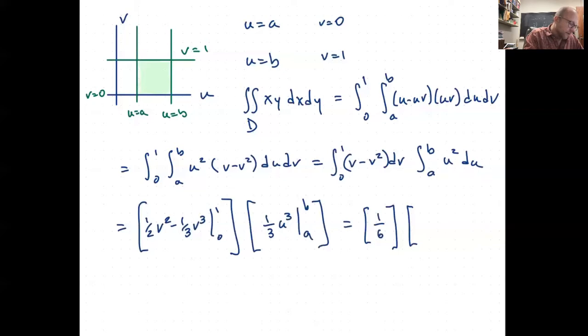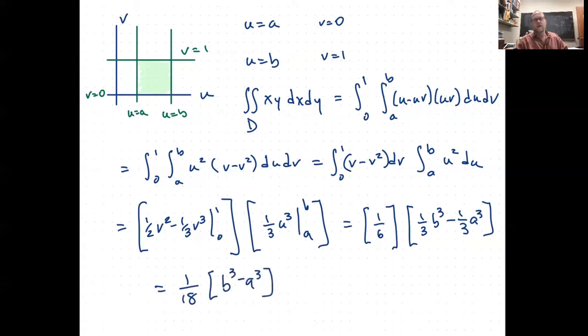And then on this other one, you have 1/3 B cubed minus 1/3 A cubed. So we'll have 1/18 times B cubed minus A cubed. Yay, then we're all done.